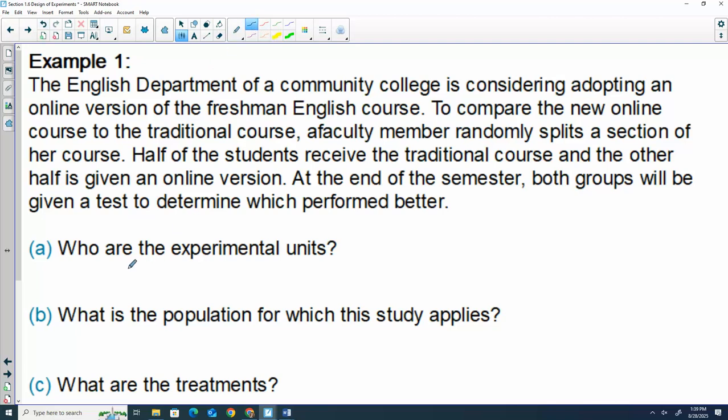So who are the experimental units? All students? Okay, all English students on that campus? Freshman English students in every class? Whoever's in the class? Okay, the freshman English students in her class specifically, in the one class that's getting split.